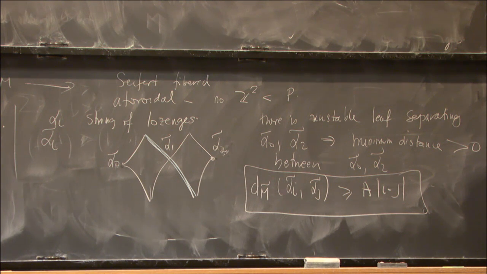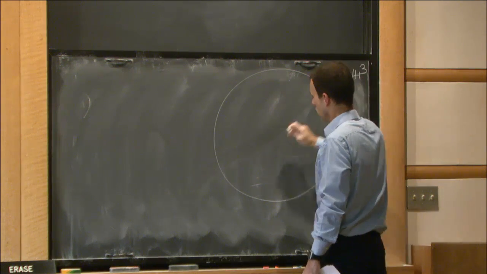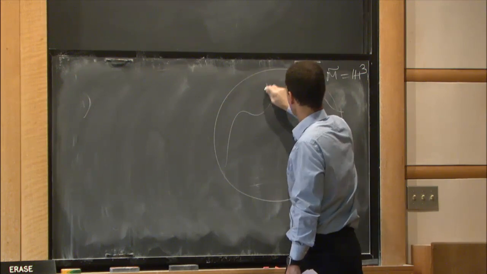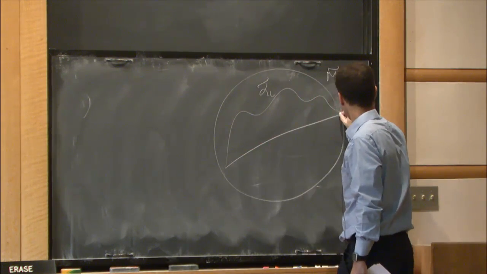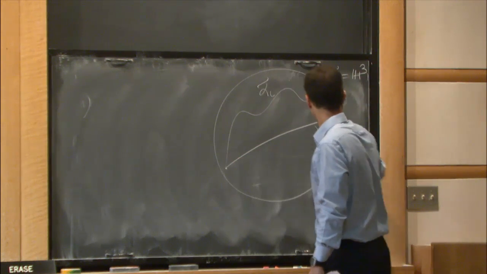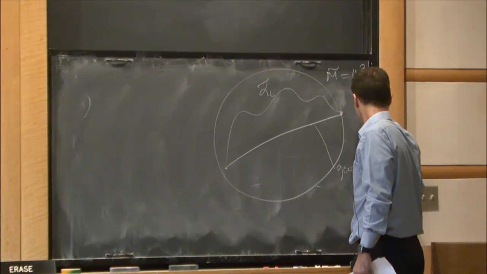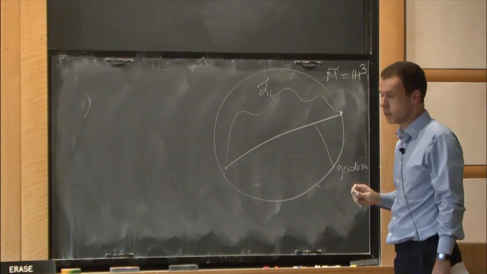And here's the universal cover, which is H3. And all these orbits are all associated to the same thing, so all of them have the same ideal point. And this is the geodesic with those ideal points.